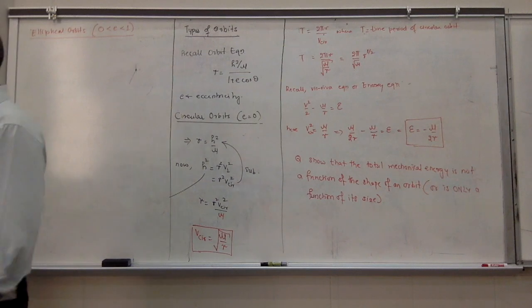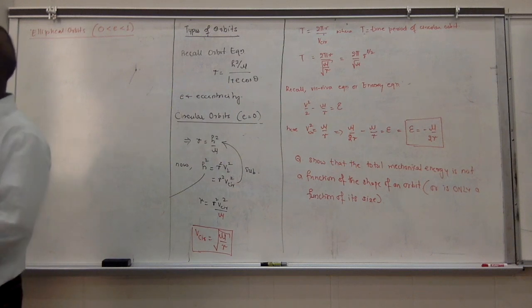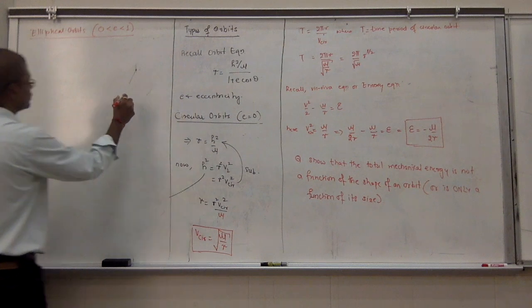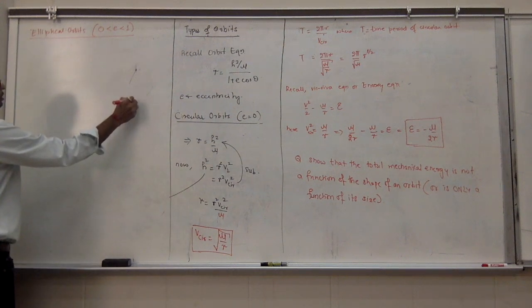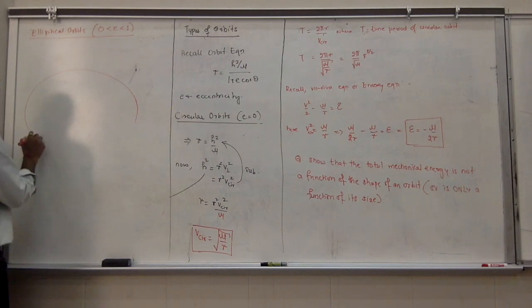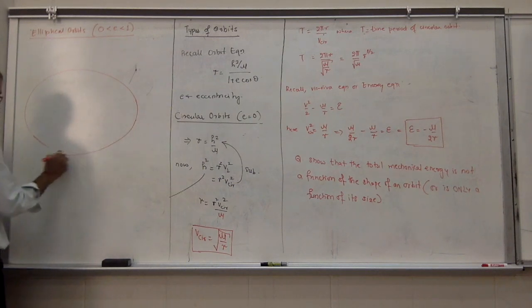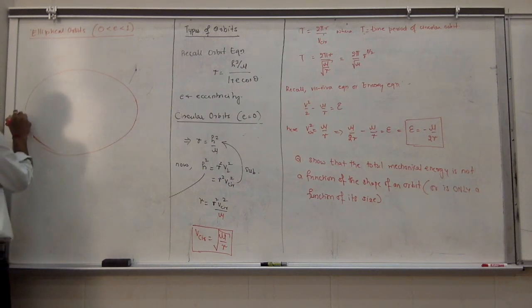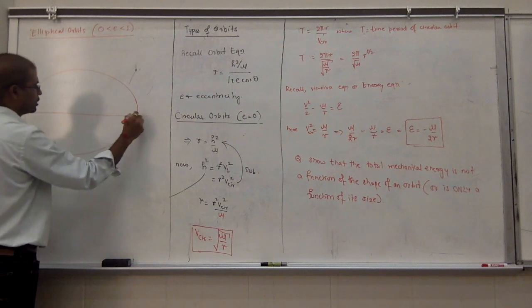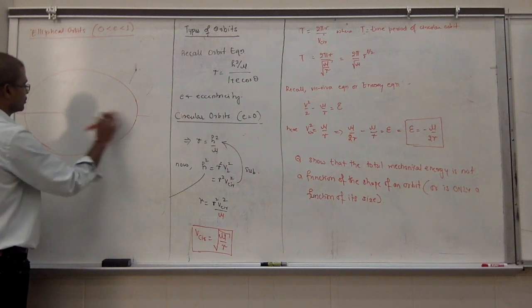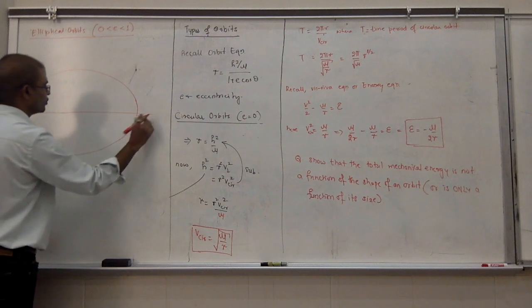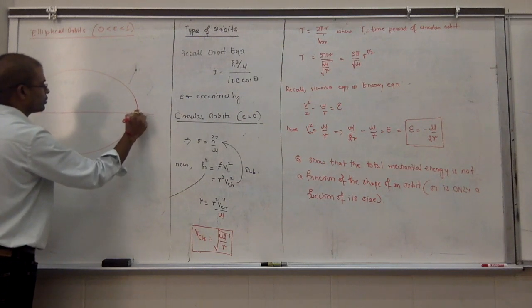Theta is actually, if you assume that the orbiting body is here, theta would be the angle. Well, let me show it. This is what you have. And what we have done is, this is our P, correct?